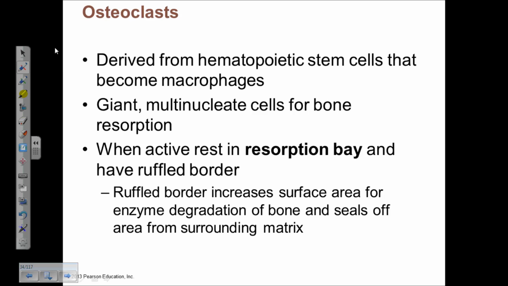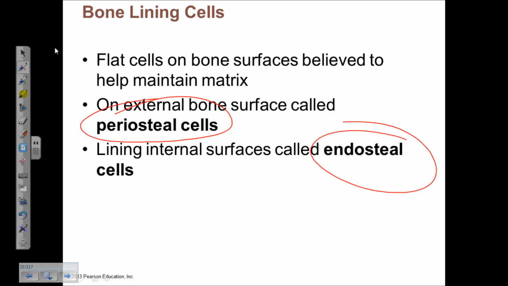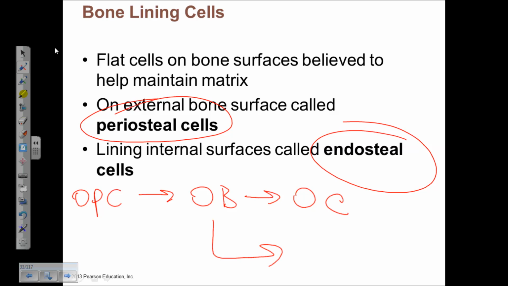Osteoprogenitor cells become osteoblasts. They become osteocytes. And osteoblasts will become bone lining cells. Okay?